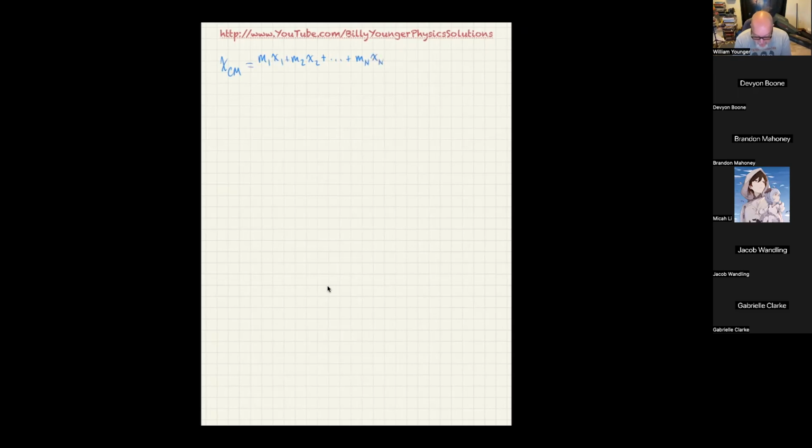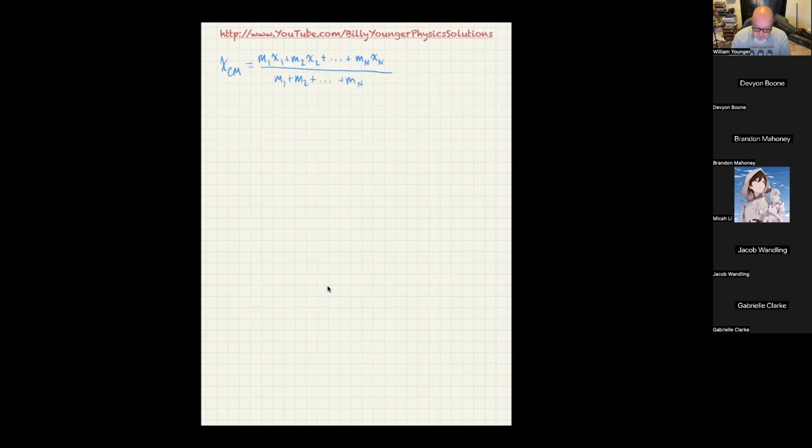Now, that gives us a pretty good feel for the net effect of all them n's, but really we're trying to calculate a distance. The only way that seems reasonable to get a distance out of this is to divide by a mass, because currently we've got mass times distance, right? And there's no good argument to be made for any particular mass. In fact, the only good argument you'd make is all the masses combined. So we're going to divide it by M1 plus M2 plus dot, dot, dot plus Mn.